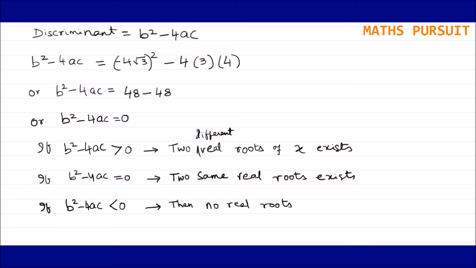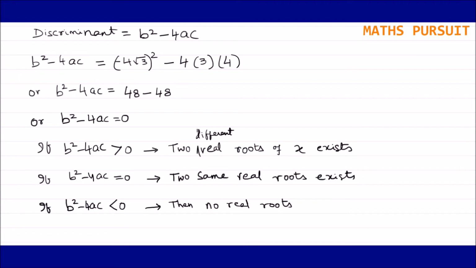When it is equal to 0, we get two same real roots of x. And when it is less than 0, we will not be able to solve that quadratic equation, because there exist no real roots of x or y or z, whatever the case may be.